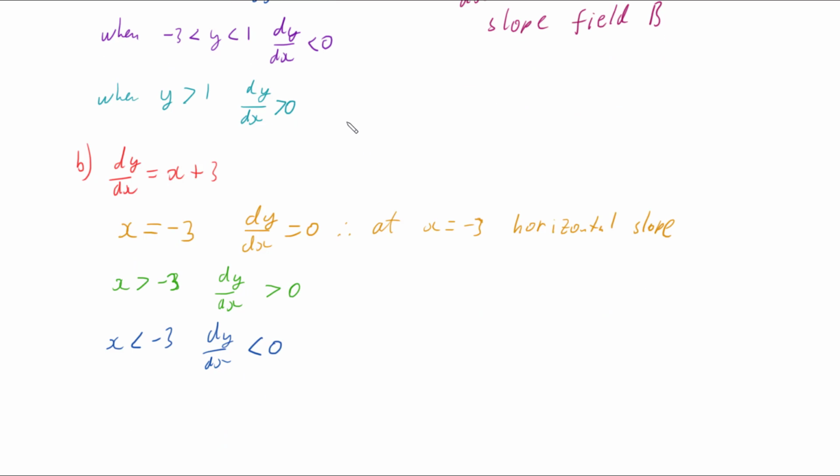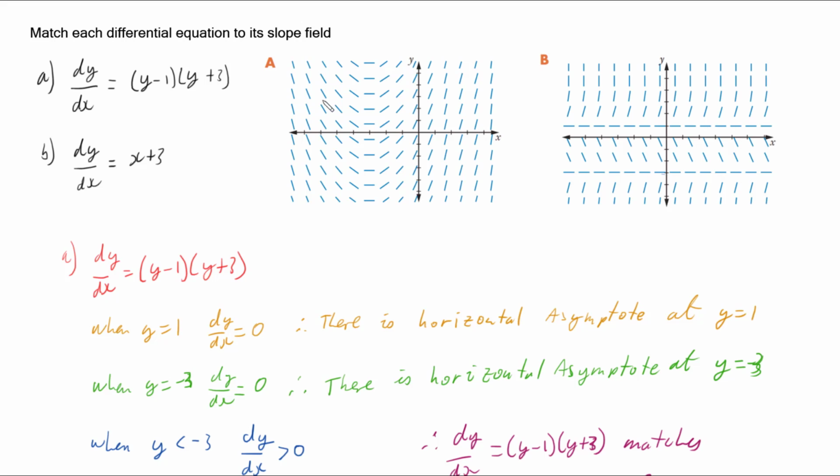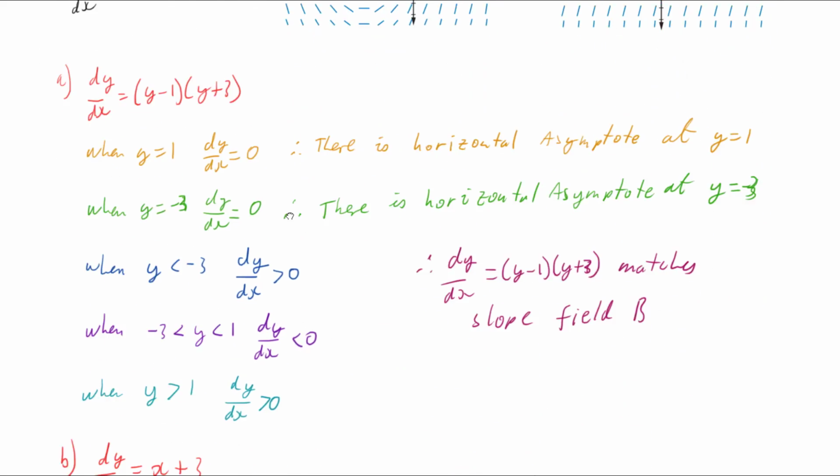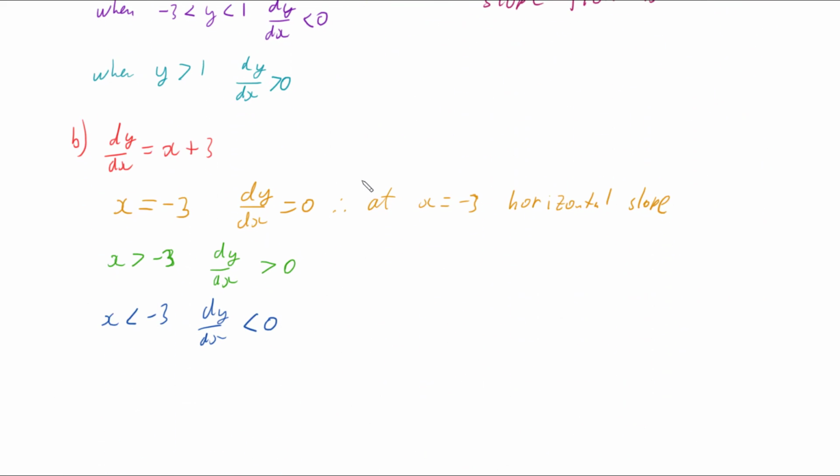And when x is less than negative 3, I should have negative slopes, which I do. As I am moving negative on the x, I've got lots of negative slopes. So we do match up. So that means that dy/dx = x + 3 matches slope field A. And that's it, we're done.